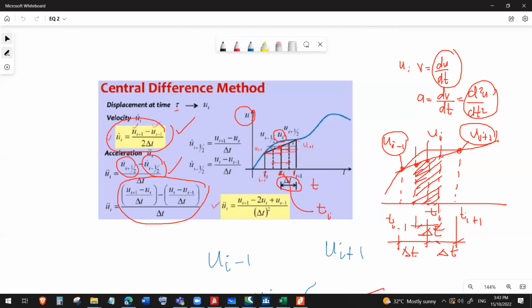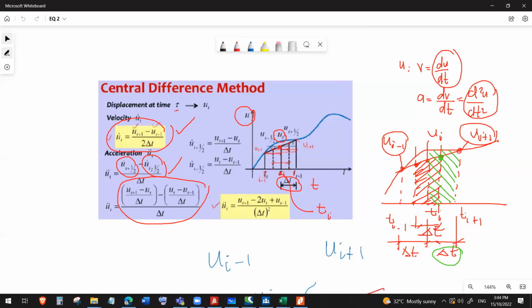So, dahil kinukuha natin yung velocity here, so ang cover naman niya is ito. Yan, yung green naman. So, u sub i plus 1 minus u sub i over delta t. Okay, syempre, this one is also delta t. Okay, so that's the velocity there.